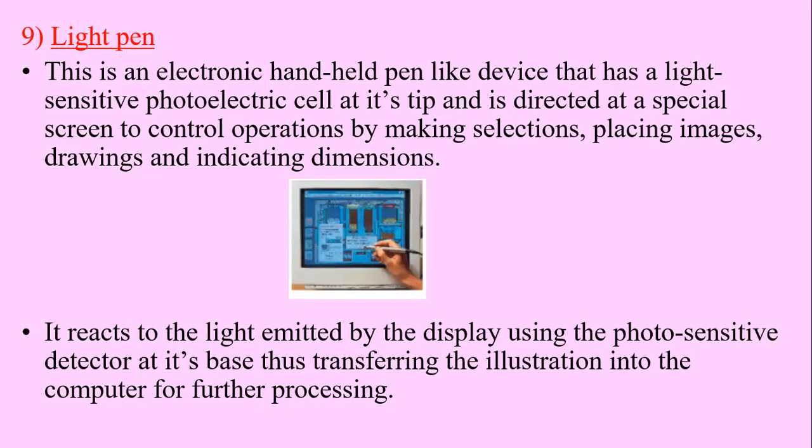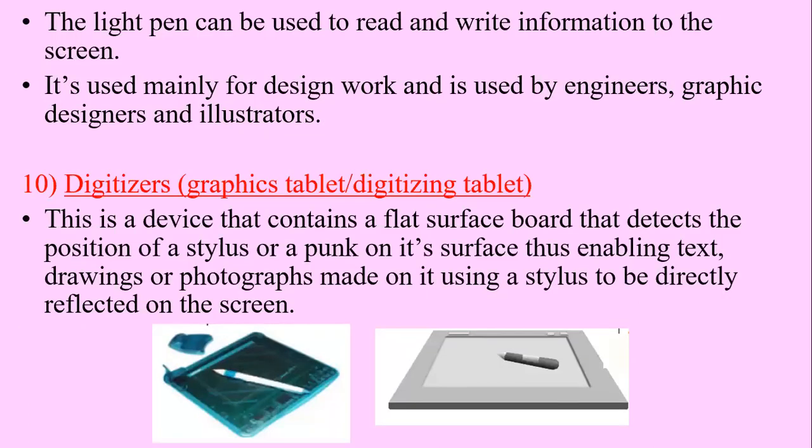It reacts to the light emitted by the display using the photosensitive detector at its base, thus transferring the illustration into the computer for further processing. The light pen can be used to read and write information to the screen. It is used mainly for design work and is used by engineers, graphic designers, and illustrators.